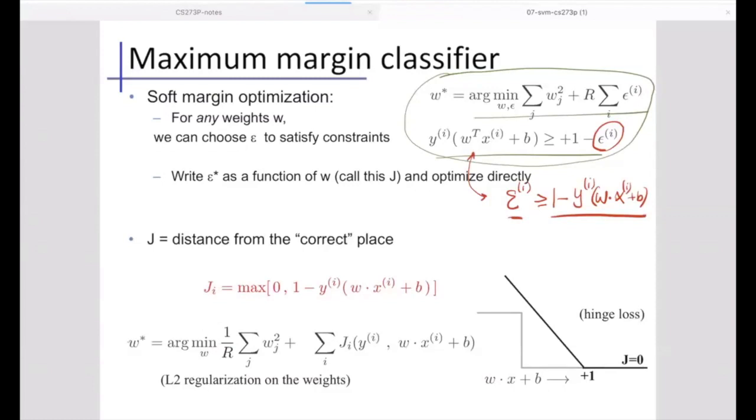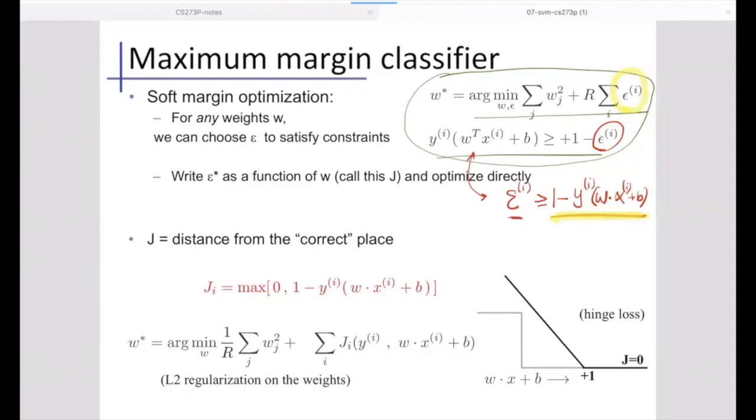Now let's look at it. In my original objective function, I need to minimize these slack variables. So you have two sides here. You want to find a solution that minimizes this, but on the other hand, you know that it has to be greater than or equal to this quantity. So what happens? The best solution you get is going to be exactly 1 minus y_i (w dot x_i plus b), because that is the lower bound you can reduce to.